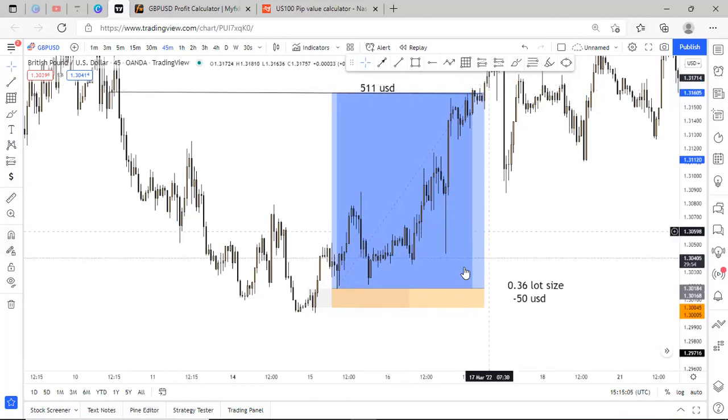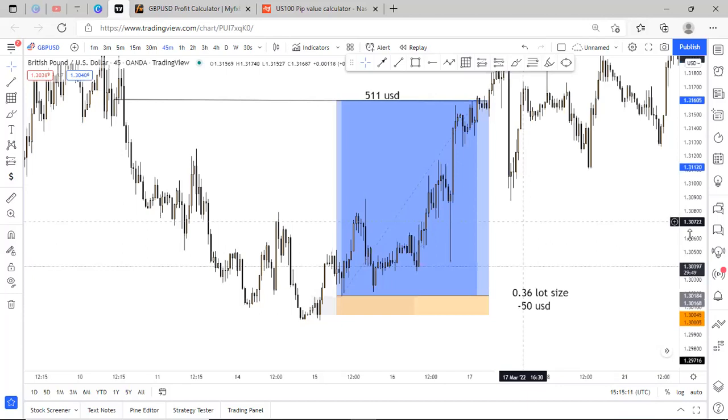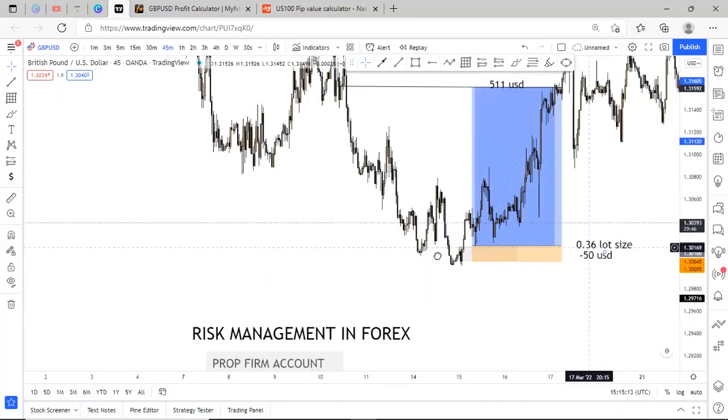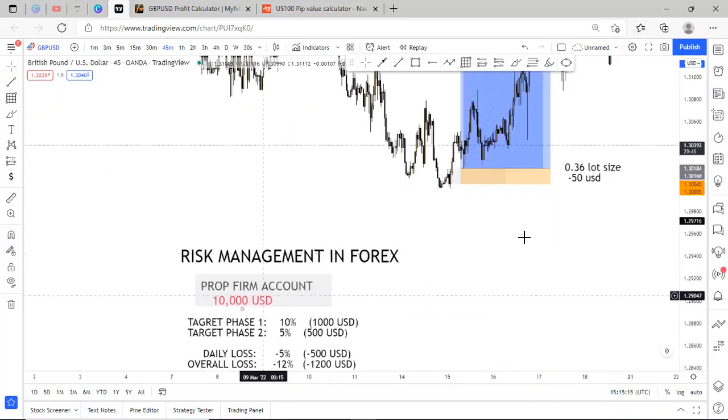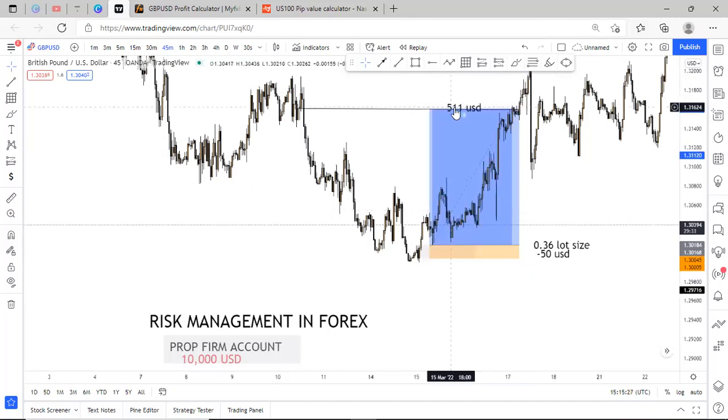These three things are essential, and also the lot size that you will be using on the trade. So you can imagine now, you have a 10,000 account, and you use this lot size, you risk this $50, and your prop firm target is 1,000. On this trade alone now, you've made $500.